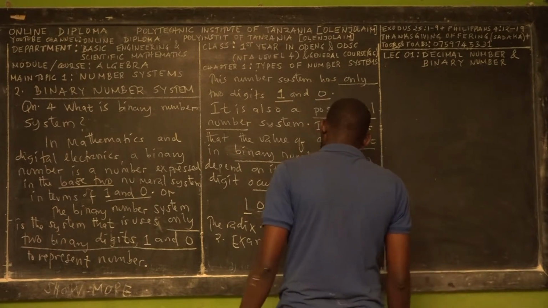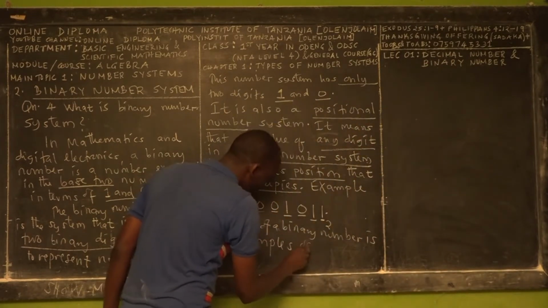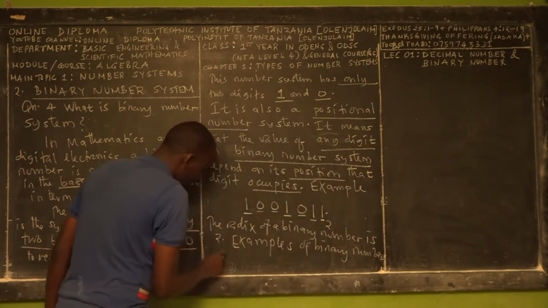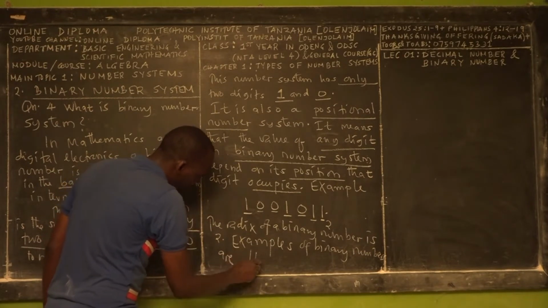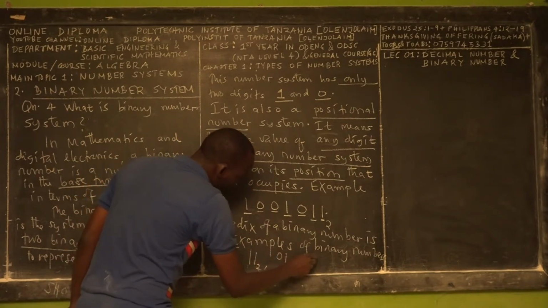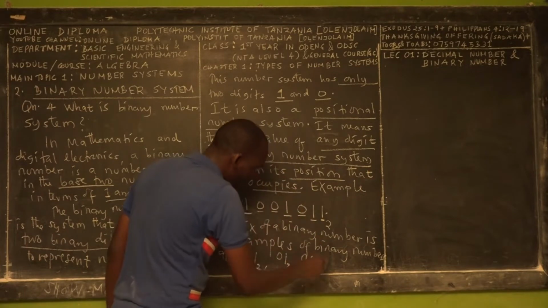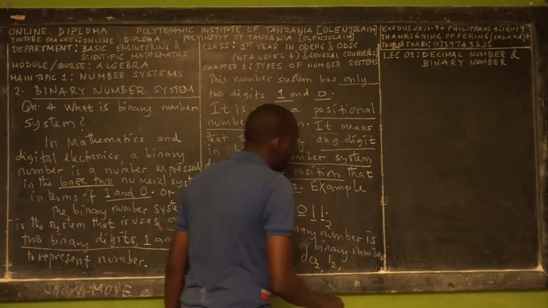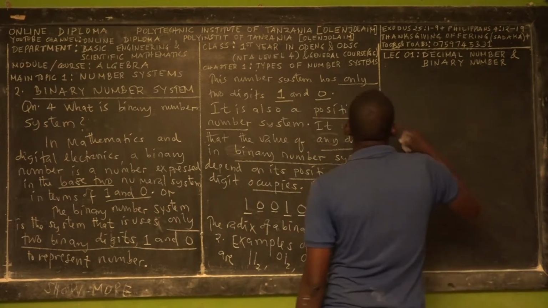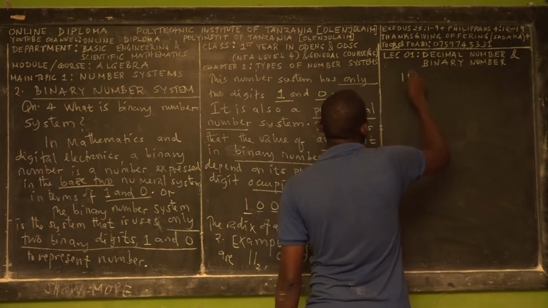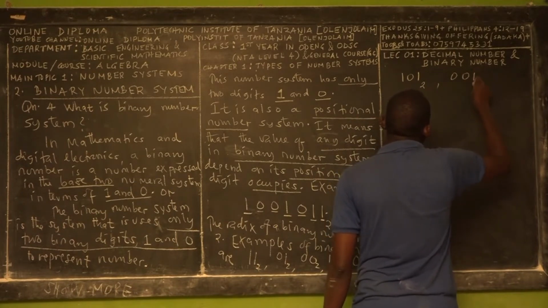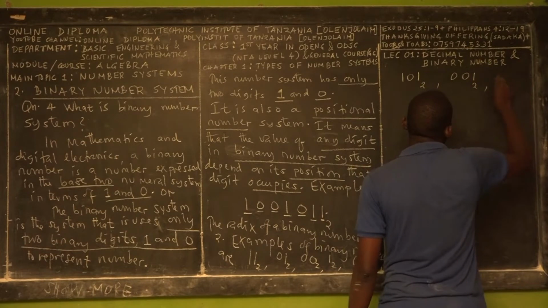Examples of binary numbers: we can have 11 base 2, 01 base 2, 00 base 2, 1 base 2, 0 base 2. We write the radix also as a subscript of the number. We can have a binary number 10 base 2, 001 base 2.